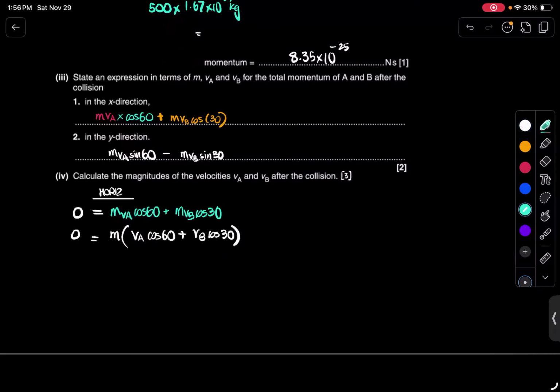Understandable. Now, think about it. Do you know what the mass is? Yes, you do. The mass is 1.67 into 10 raised to power minus 27 into this entire thing.